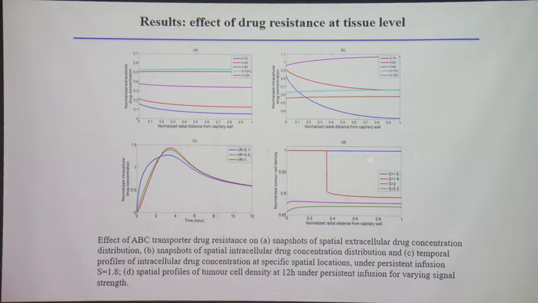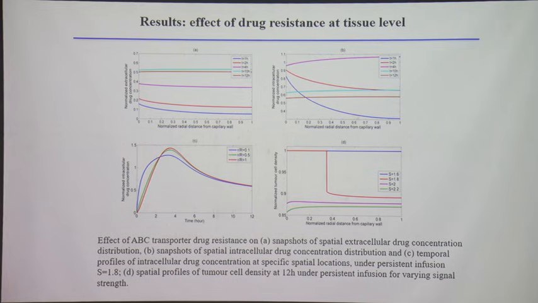If you start with the baseline strength, that is the blue curve, there is no cell killing. If there is not enough stimulus, then it stays like that. So the effect of this drug resistance is to prevent the cancer cell death.